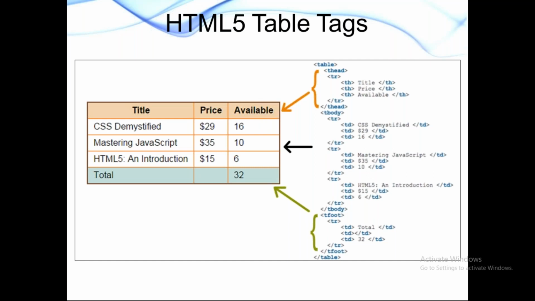You have a header section, a body section, and an optional footer section in a table. In the table we are planning to create, there is no footer, so you can skip it, but the table has a heading and body content. What should be the first tag following the table?